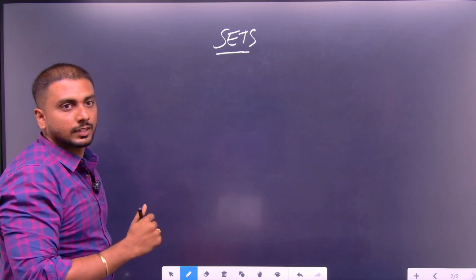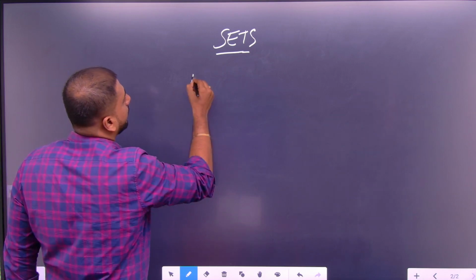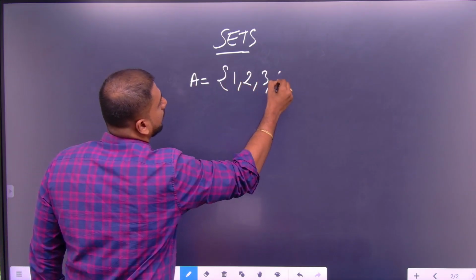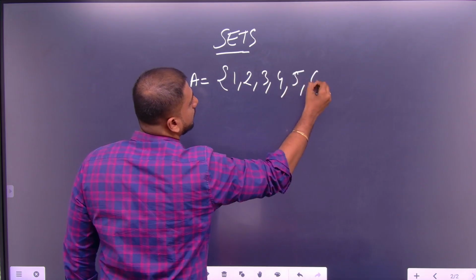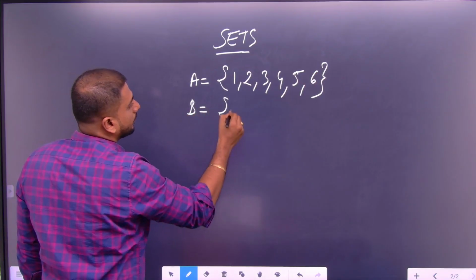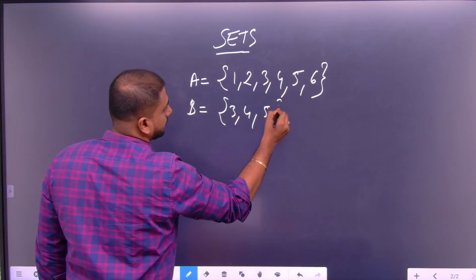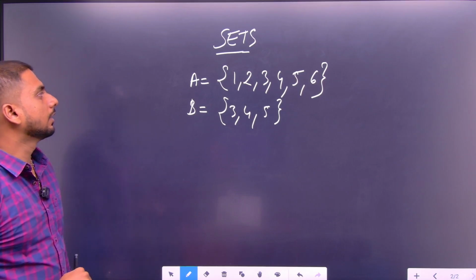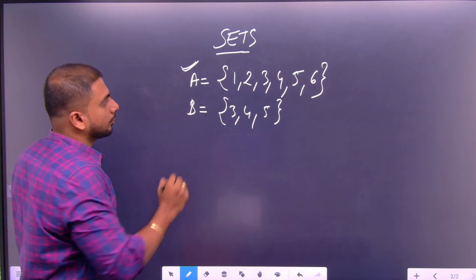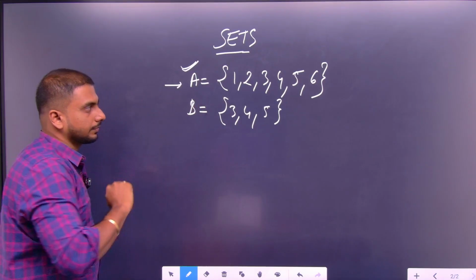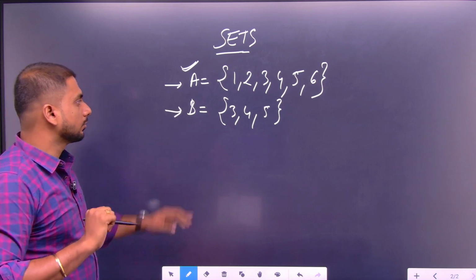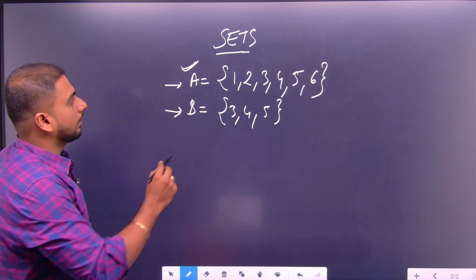Whenever we have a set, for example, A is equal to 1, 2, 3, 4, 5 and 6. Consider this set. Let there be another set B is equal to 3, 4, 5. Now we will consider A to be a universal set, and B will become the subset. So B is a subset of A.